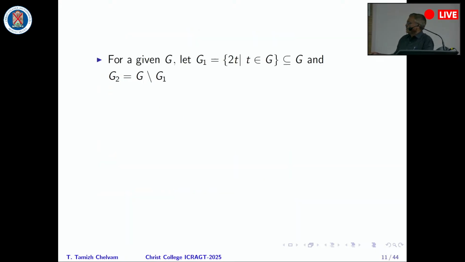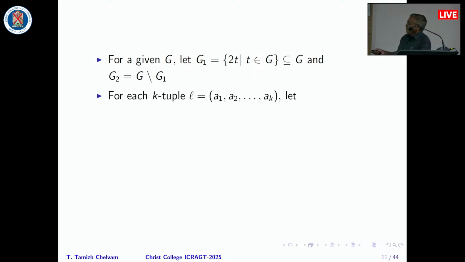For the purpose of finding the structure for a given finite abelian group G, let me take G1 as the set of all 2t for different elements in G. So for every element t in G, we take 2t, and the complement is taken as G2.